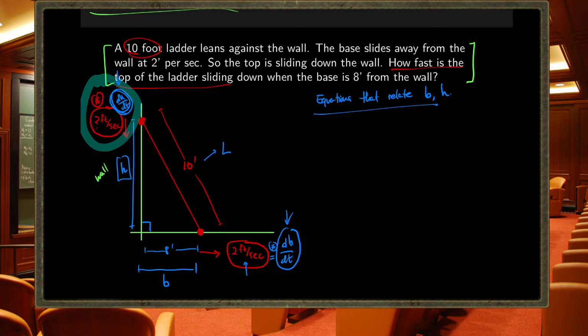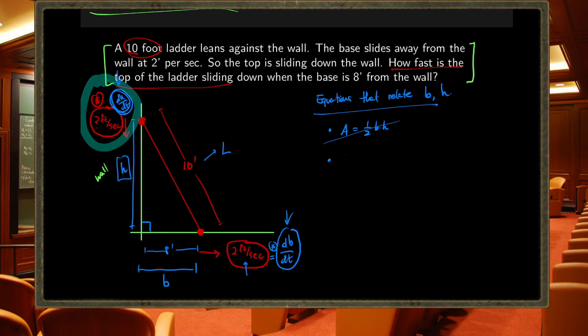Okay, so what are some equations that relate b and h? Well, this is a right triangle. So let's see, we've got area is 1/2 b times h. That's pretty nice. But we don't really care about the area right now, right? That's not necessarily what's changing, and we don't have the area of this triangle. It's not really pertinent, so we might say maybe later.